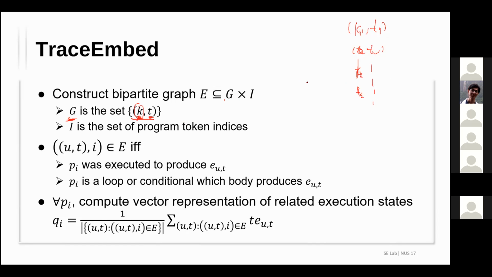Is the mapping one-to-one? Let's look at the mapping over here, the second point. The mapping exists if and only if either the instruction was executed to produce this state itself, or the instruction is a loop or condition where its body produces the state itself.